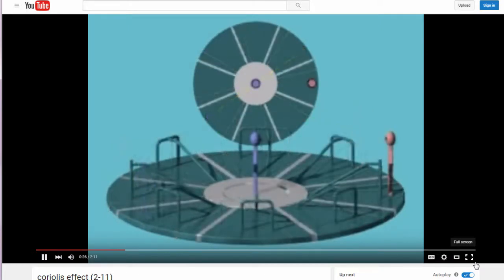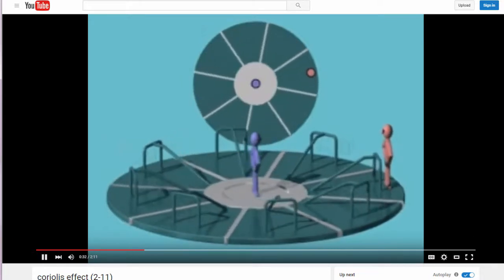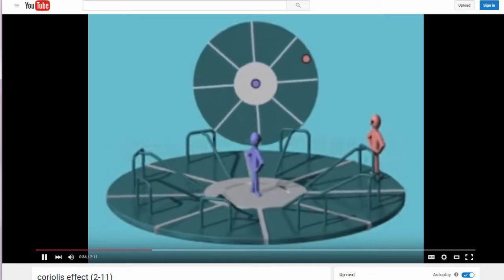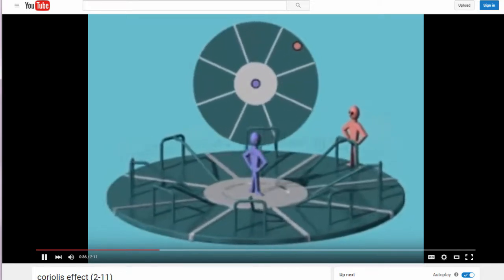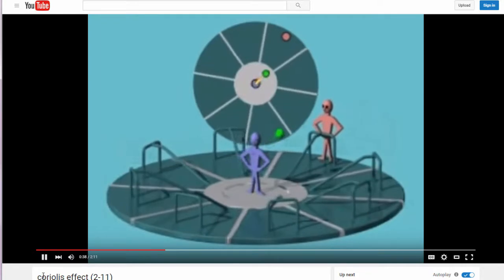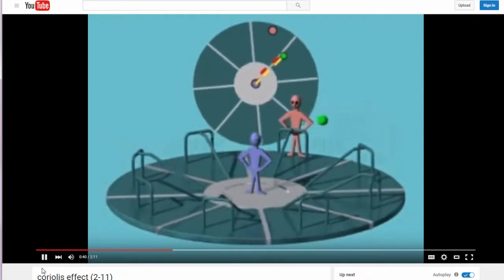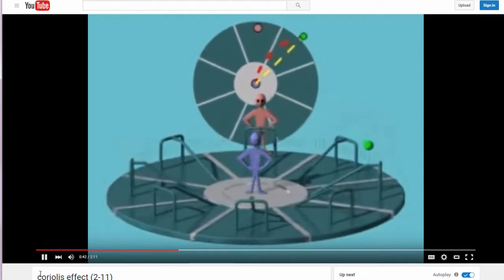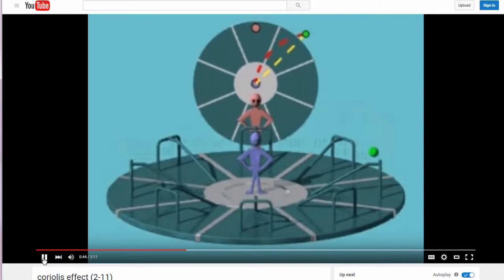Imagine the ball is tossed from the center to someone at the edge. With rotation, the ball still travels in a straight line in space, but because the catcher is moving, the ball misses. From the vantage point of the catcher, the ball appears to curve away. The direction of apparent motion is to the right.